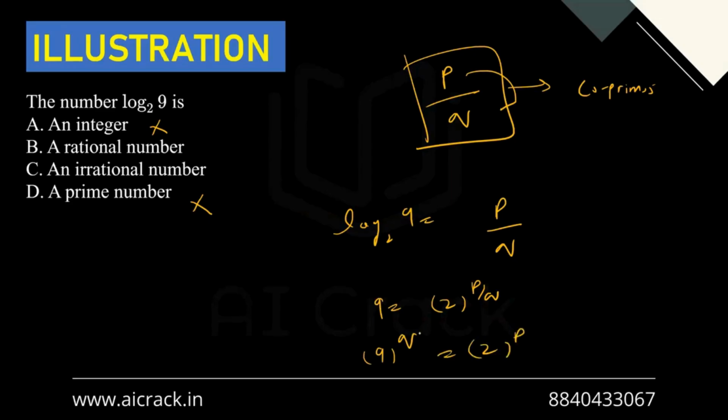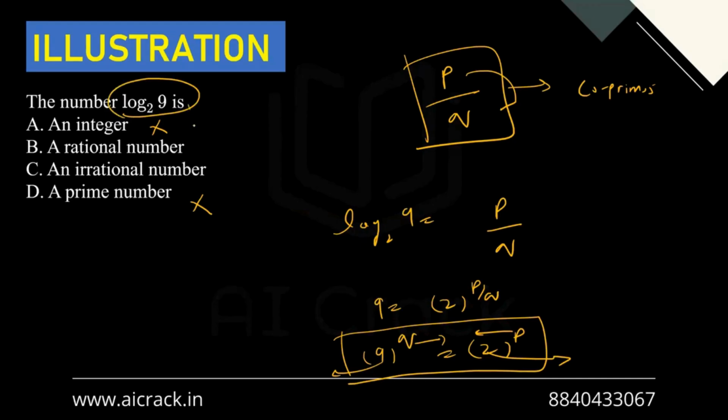We know that this cannot be true. This is an odd number and this is an even number, and both q and p are integers. An odd number raised to an integer is always odd, and an even number raised to an integer is always even, so they cannot be equal. So our basic assumption that p by q is a rational number is false. So that should be an irrational number.